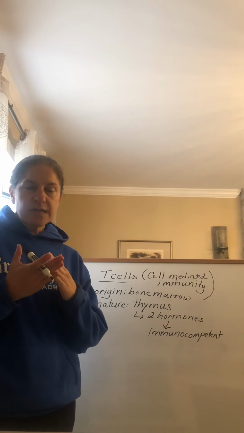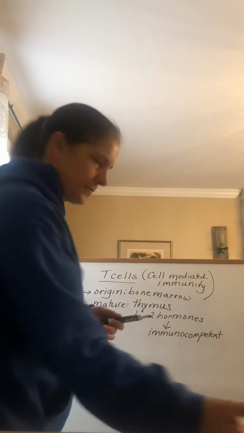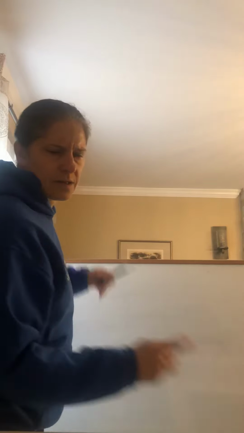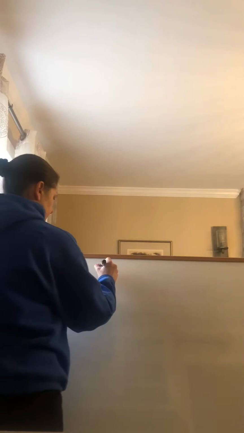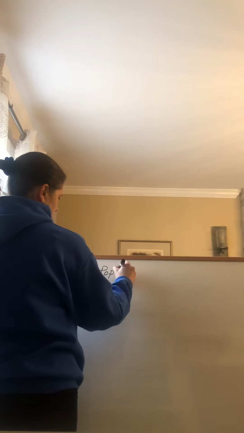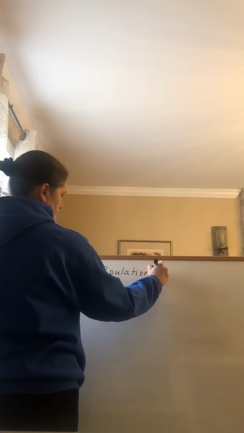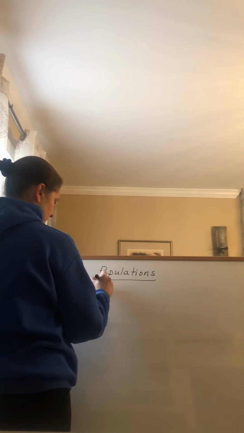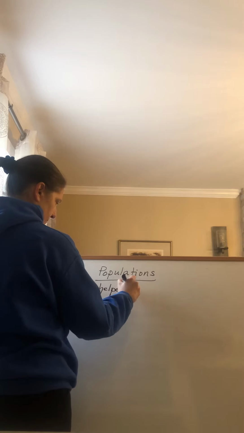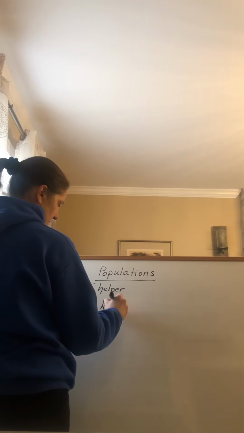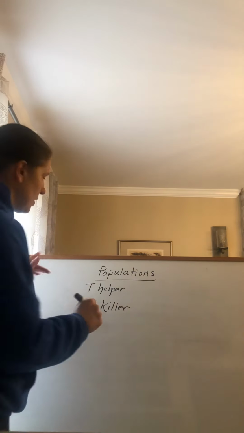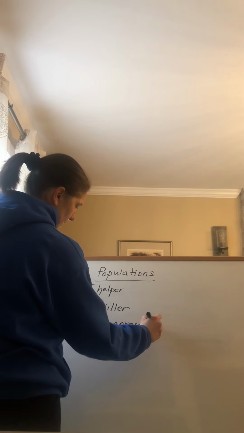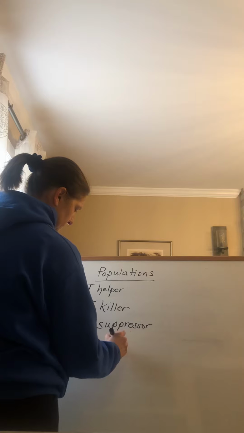So there are different types of T cell populations. I'm just going to talk about that and then focus in on the cells that are of critical importance. So for example, you have T helper cells, T killer cells, T suppressor cells, and then you have T memory cells.